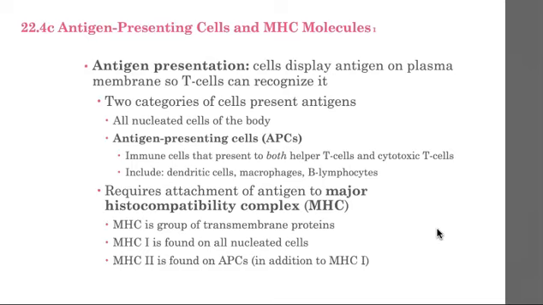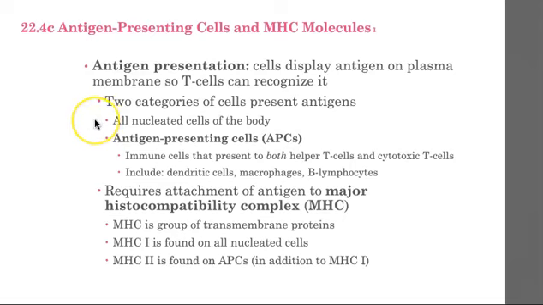So let's focus now on that antigen presentation. These are going to be cells that display that antigen on their plasma membrane so that our T cells are able to recognize it. We have two types or categories of cells that can present an antigen. So that is going to include all of our nucleated cells that are able to do it.